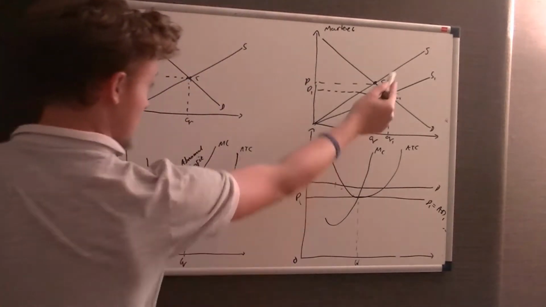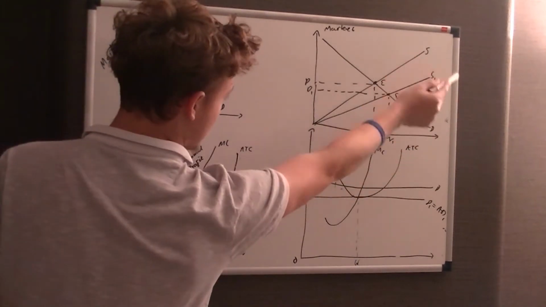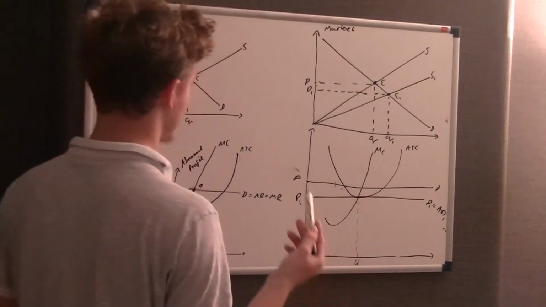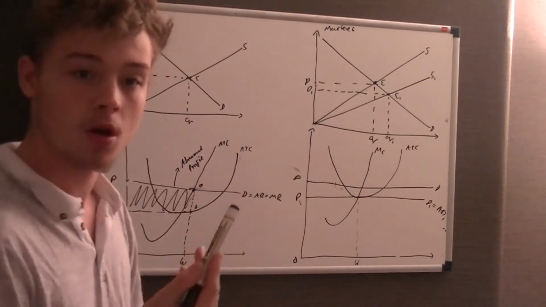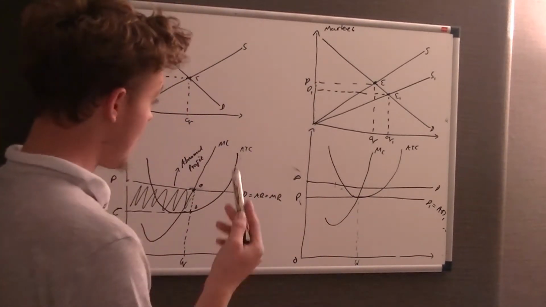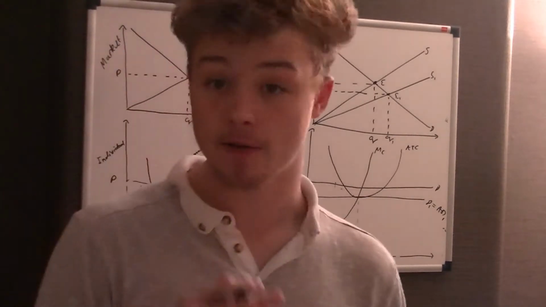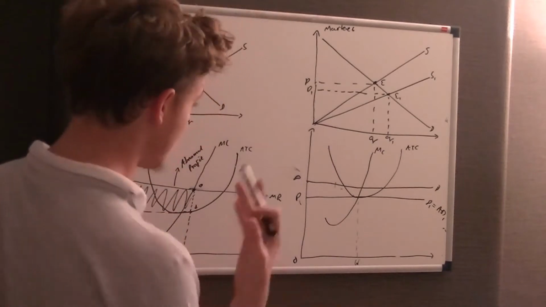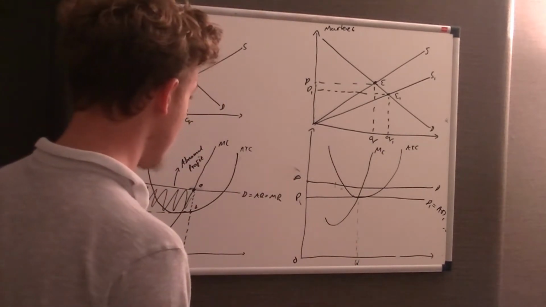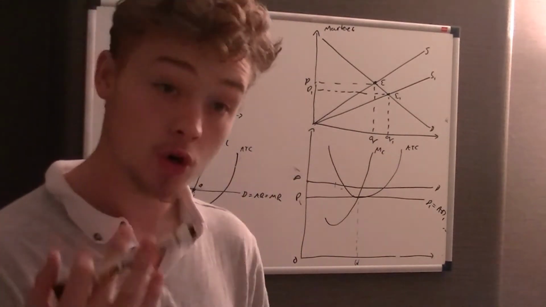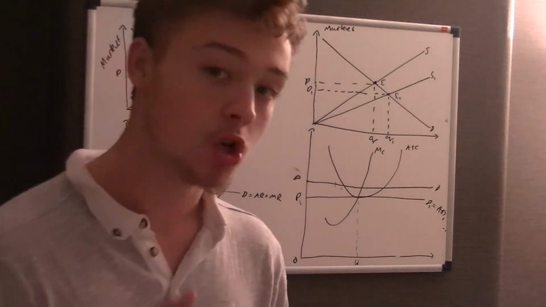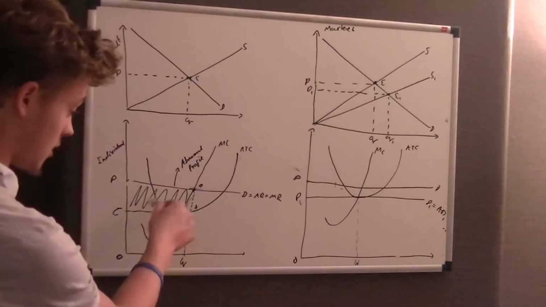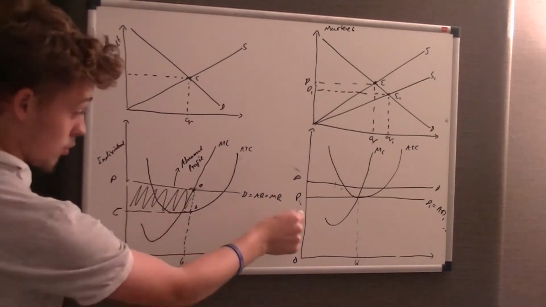This causes the supply curve to shift from S to S1. By doing that, they lower the market price, because demand isn't going to shift, only supply does. Now, because all firms in a market of perfect competition are price takers, they have to accept this new lower price. And this in turn causes them to have to accept normal profit of P1, which we said was just equal to the little square, so C is equal to P1.